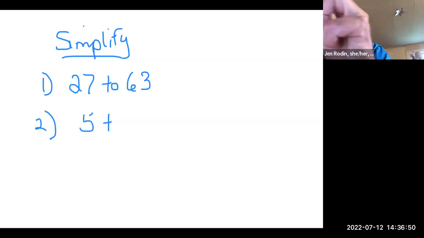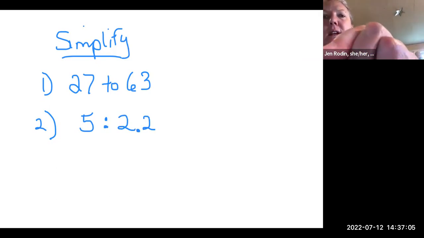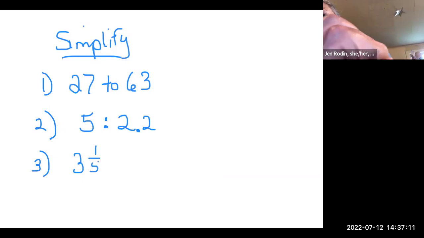Oh wait, I'm going to change up my 5, 2, 2. Oh, that's not going to simplify at all. Let's say 2 to 2.2, that'll be exciting. And then we could have 3, this is a hard one, 3 1/5 to 5 3/10.